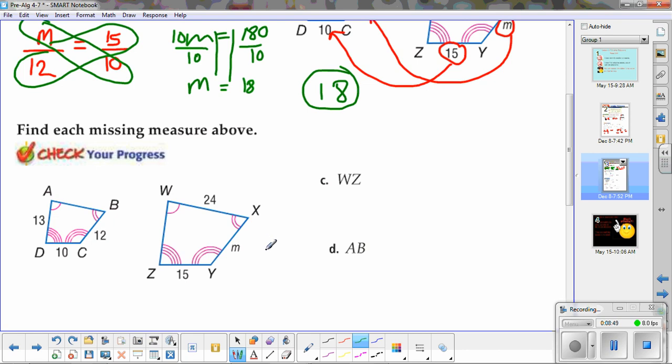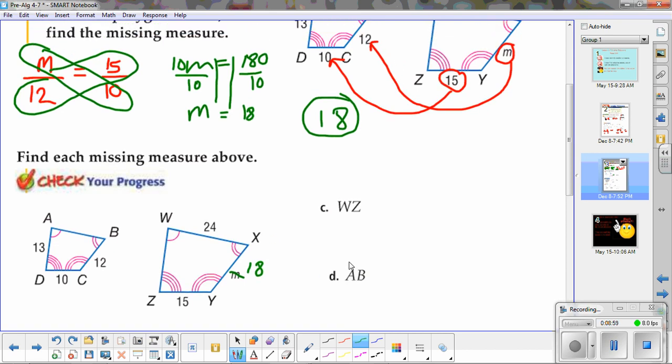You may want to pause the video and try the next one on your own. I'm going to go ahead and fill in the 18 that we already found right here. Now the next one we want is WZ. WZ is this side right here. I'm going to just call it X, and it matches up with this side over here. So X matches up with 13. And then pick one of the other sides. I'm going to just go ahead and use 15 and 10 again.